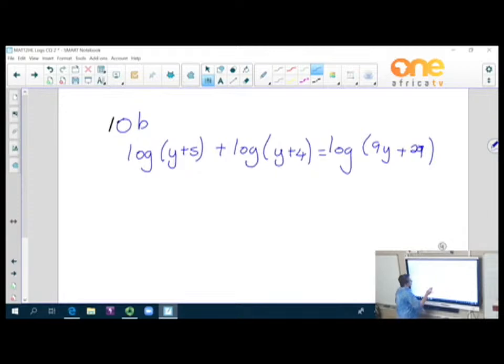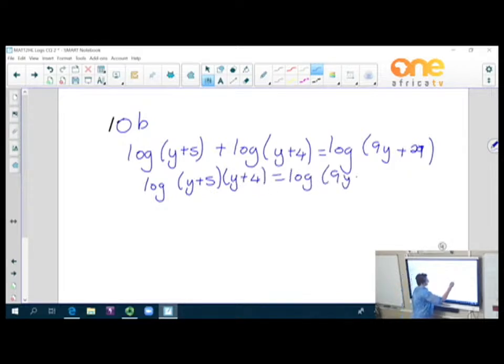Okay, so I use my log laws. If I add, I multiply. So it becomes log of (y plus 5) times (y plus 4), which is equal to log (9y plus 29). And as we now have logs on both sides, we're going to cancel the logs on both sides. What you do on the one side, you must do on the other side.